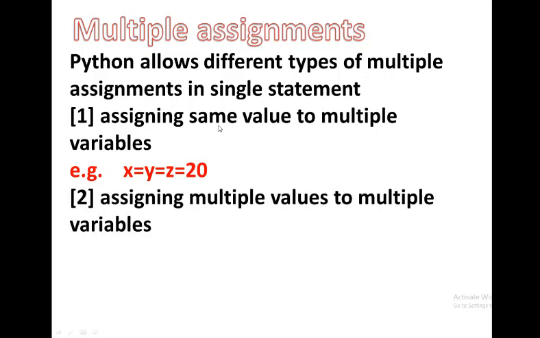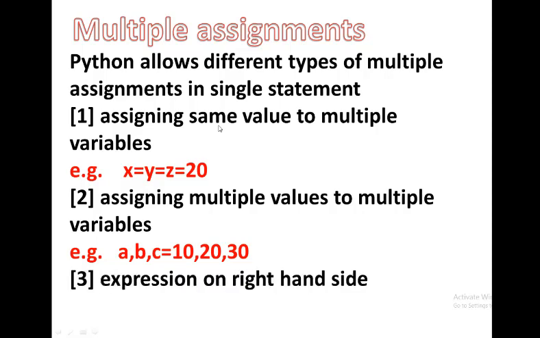Now you can assign multiple values to multiple variables by writing a, b, c is equal to 10, 20, 30. Here 10 will be assigned to a, 20 will be assigned to b, and 30 will be assigned to c. That is, the corresponding values are assigned to the corresponding variables.